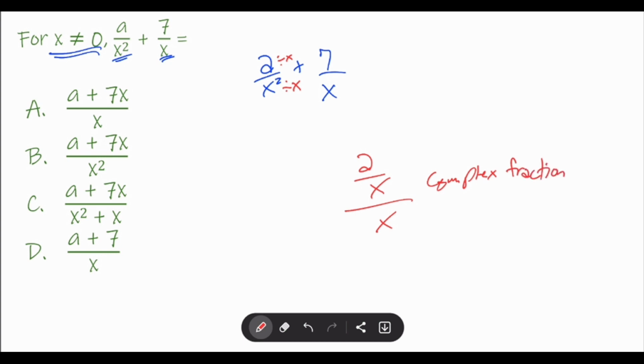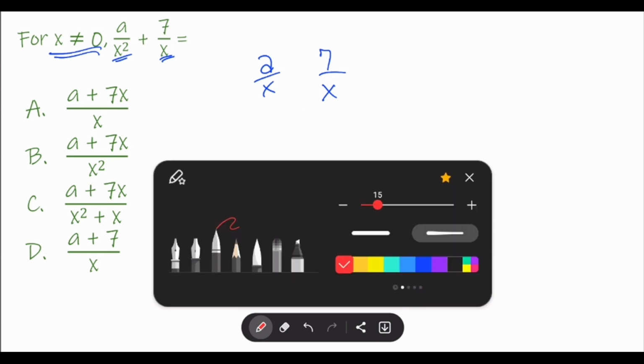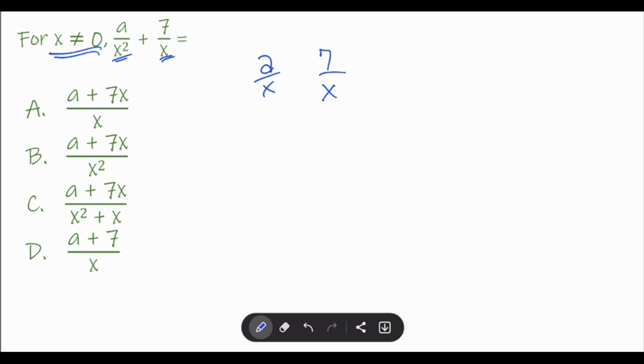So to avoid that, we choose the other way, which is changing both denominators to be x squared.